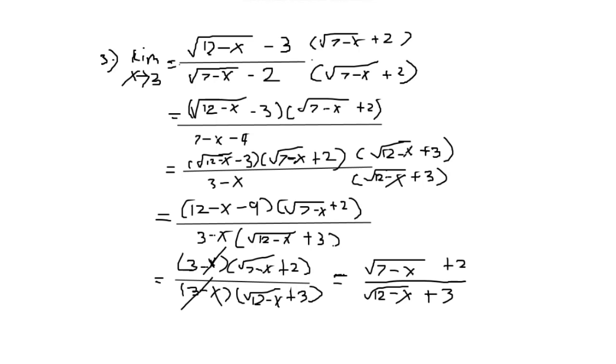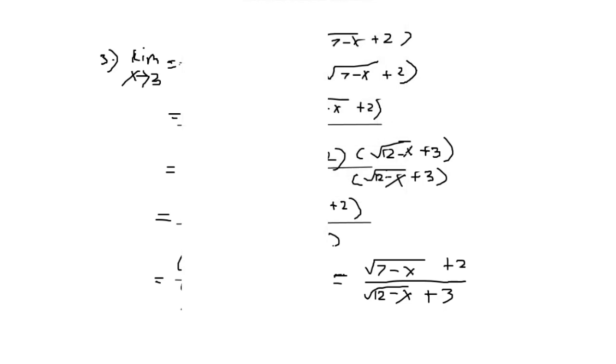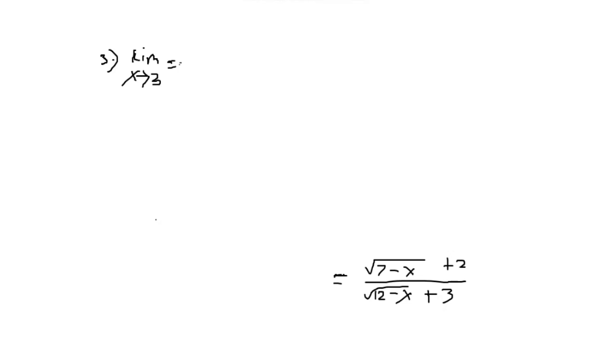So what now we're going to do is direct substitution. Kasi pwede na. As you can see, wala tayong magiging value na 0 sa denominator if we plug in yung 3.